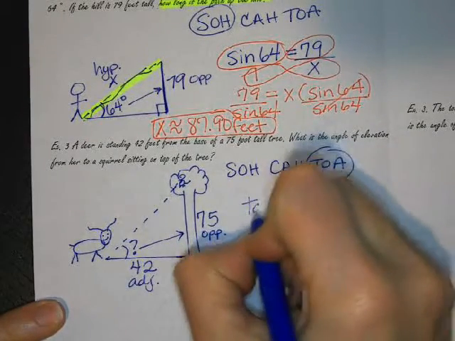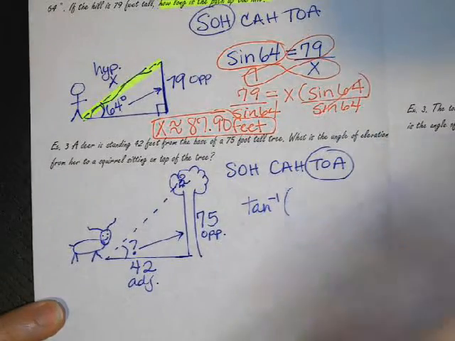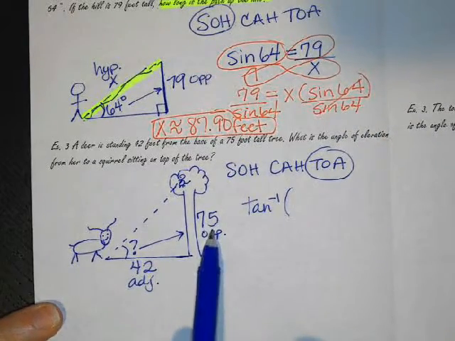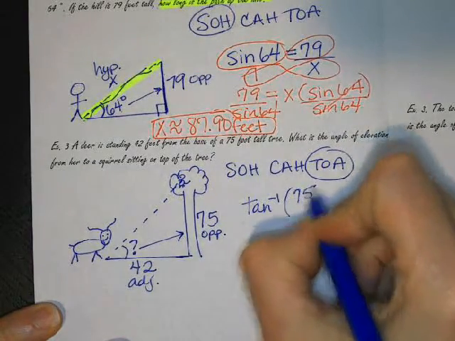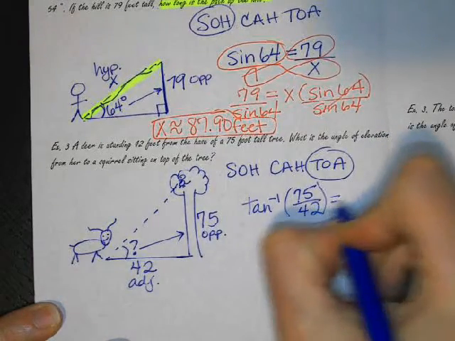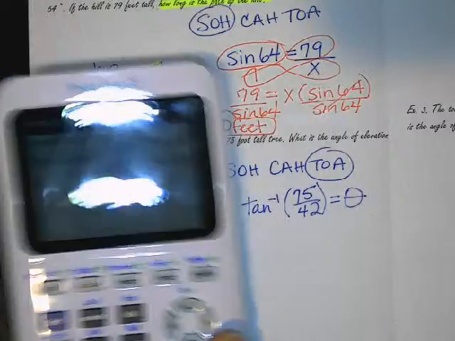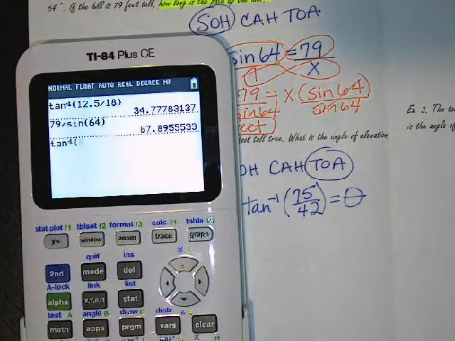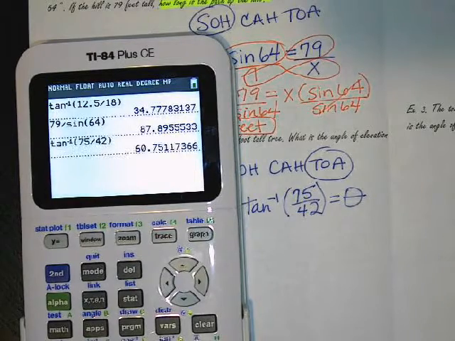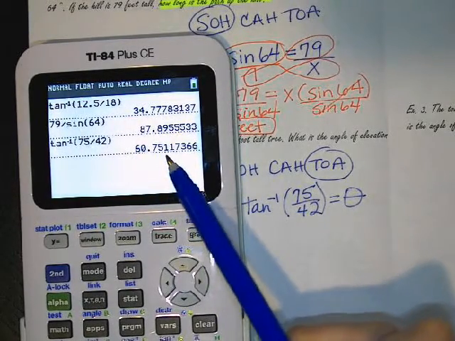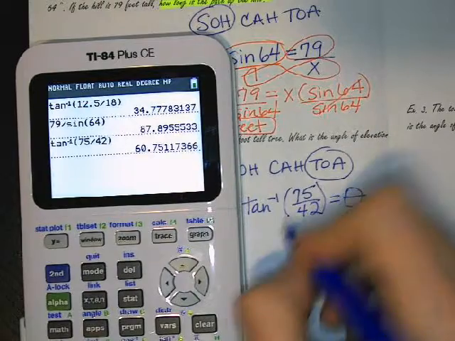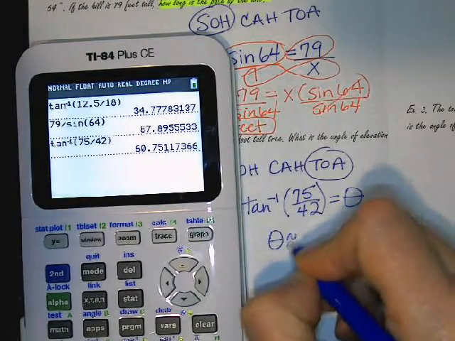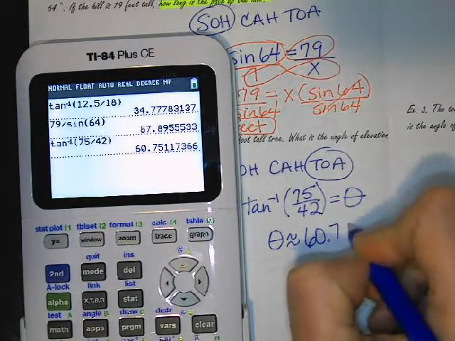So we're going to say tangent inverse of, and now we put our fraction inside, 75 over 42 equals our theta, and we just type this in onto our calculator. So second tangent inverse, 75 divided by 42, and that's 60.751, which rounds to 60.75. So our theta is about 60.75 degrees.